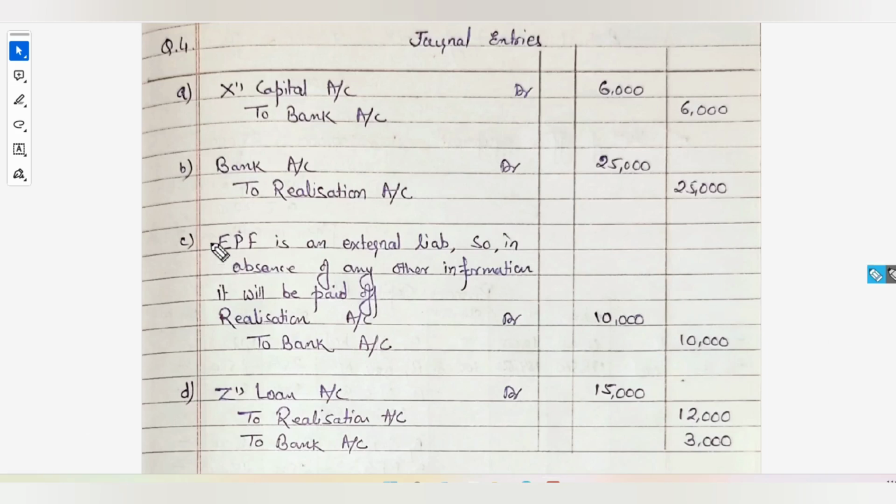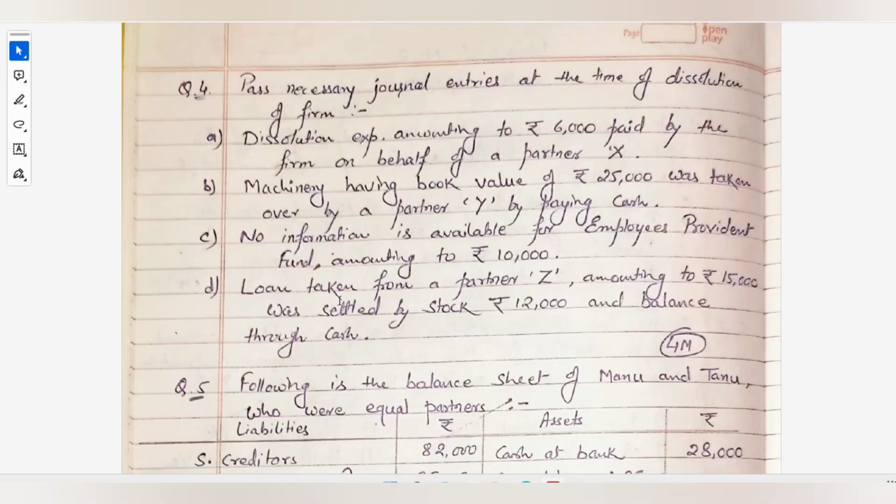Now what is the assumption? EPF, Employees Provident Fund, is very similar to creditors or any type of other external liabilities. So first of all, you need to know that it is an external liability. So in absence of any other information, it will be paid off completely. So the simple entry for payment of any kind of external liabilities will be realization account debit to bank account by the given amount, that is rupees 10,000. So this will be the entry for the third transaction.